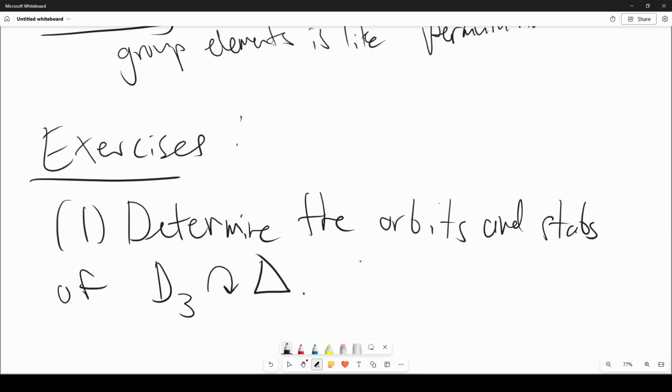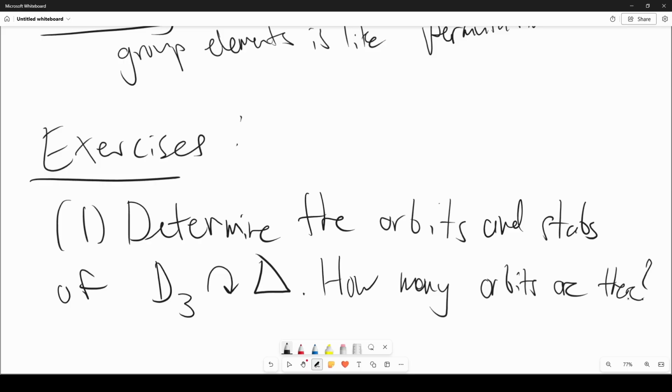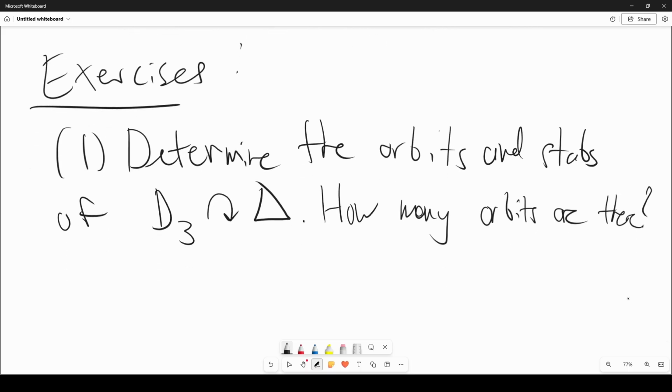Another question is, how many different orbits are there? I'm curious, how many distinct orbits? So this means not just like, oh, what's the orbit of the first vertice, what's the orbit of the second vertice. I want you to figure out how many different orbits are there.